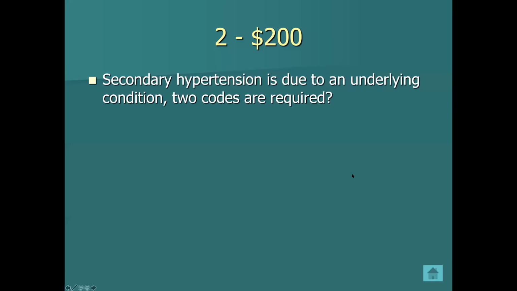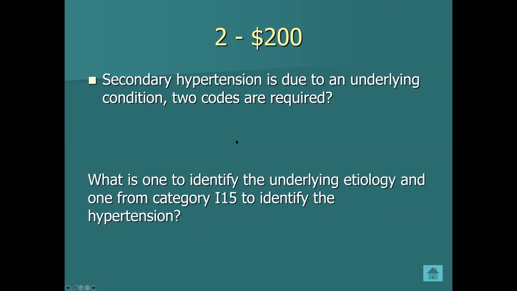Secondary hypertension is due to an underlying condition. Two codes are required. What is one to identify the underlying etiology and one from category I15 to identify the hypertension? That is correct. That's 200 points for Markeisha.